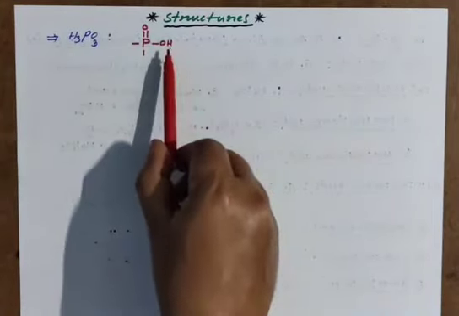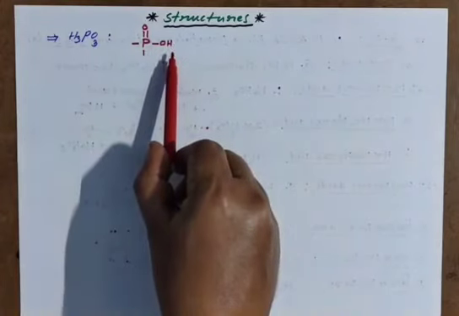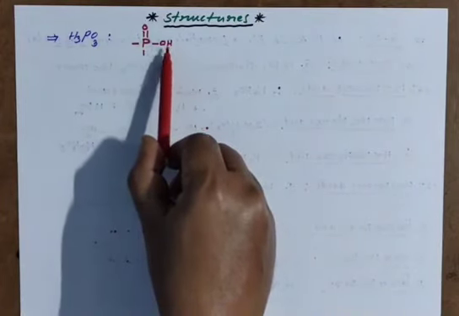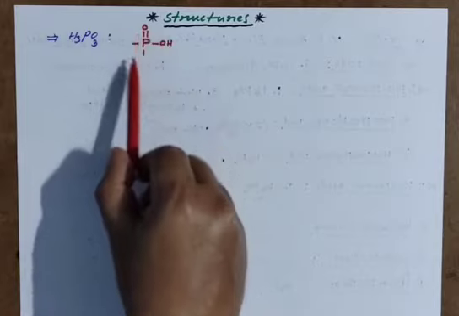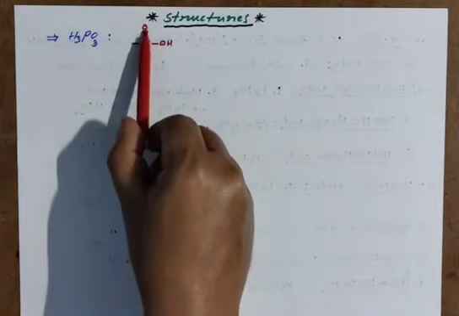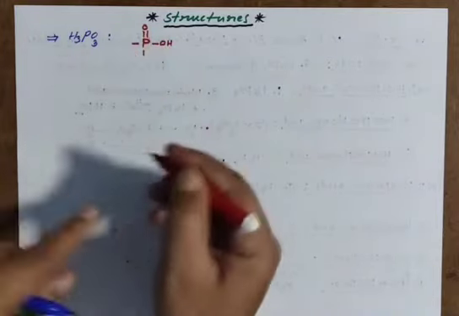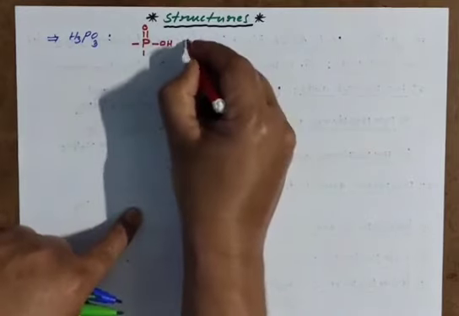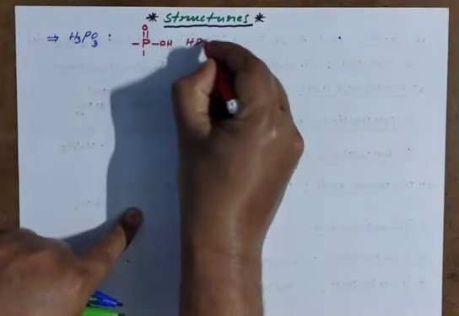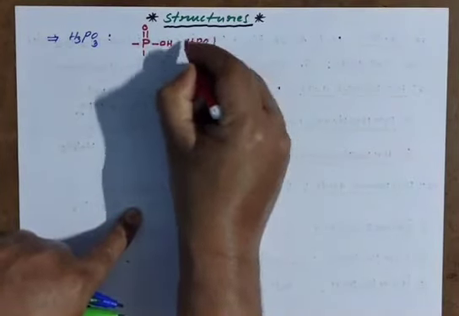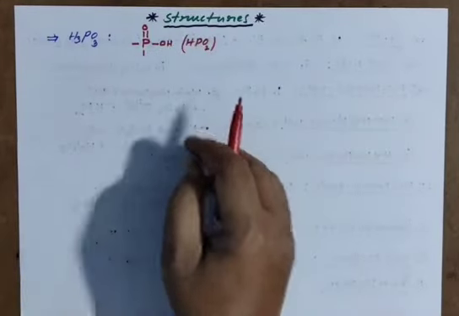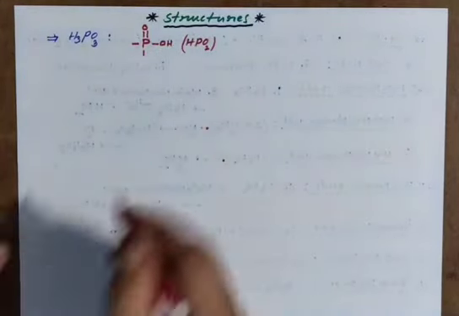All phosphorus oxyacids have the basic unit P double bond O, OH, that is HPO2. HPO2 is the basic unit for all oxyacids of phosphorus.